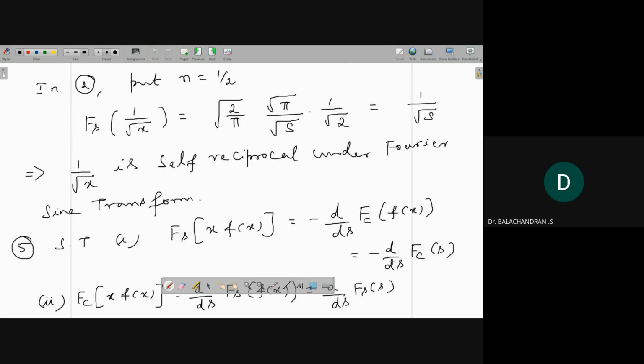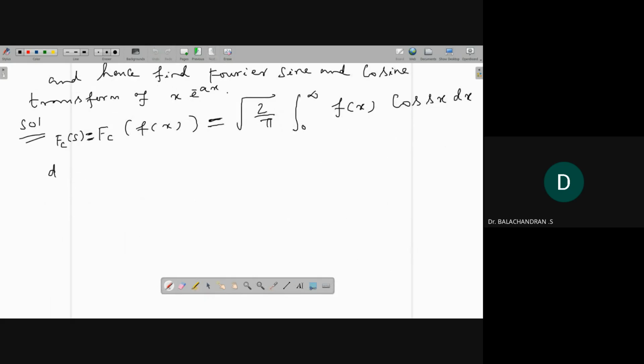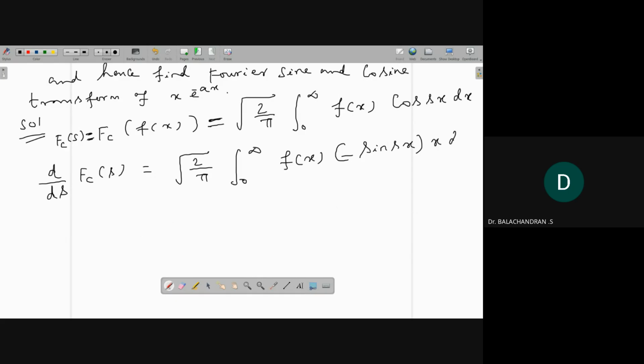Now I am going to differentiate d by ds of Fc of s, which is equal to root 2 by pi integral 0 to infinity. I differentiate with respect to s, keeping x constant. If you differentiate cos sx with respect to s, you'll get minus sine sx into x into dx.